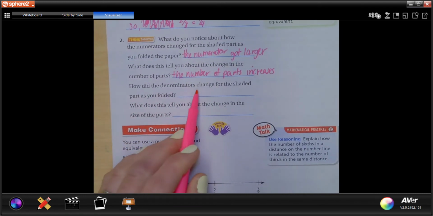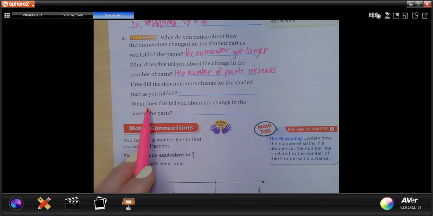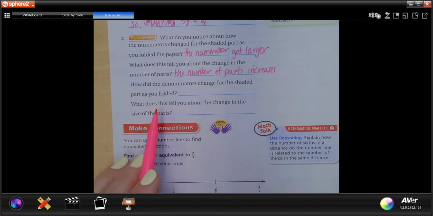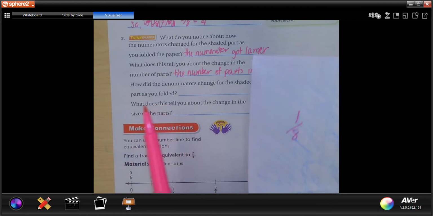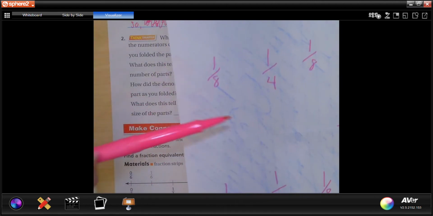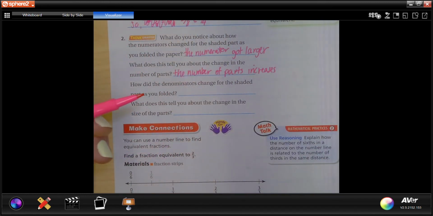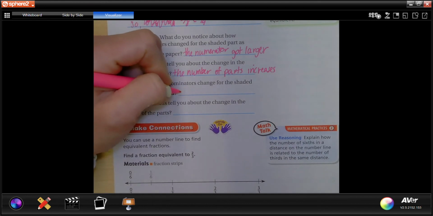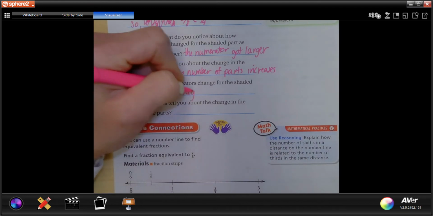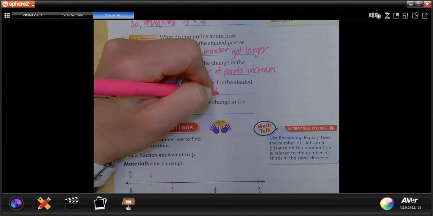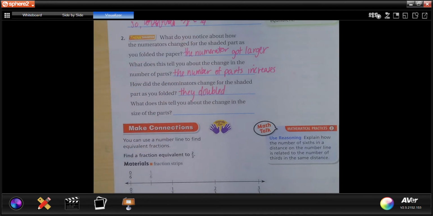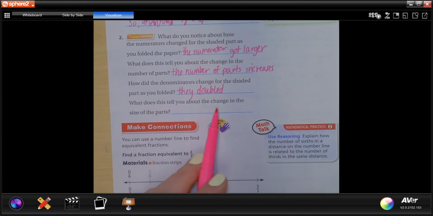How did the denominators change for the shaded parts as you folded? Well, the denominators, when you folded your fourths again into eighths, it doubled. What does this tell you about the change in the size of parts?